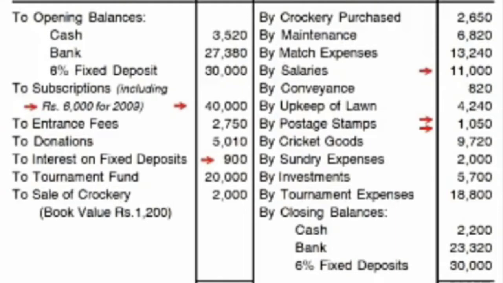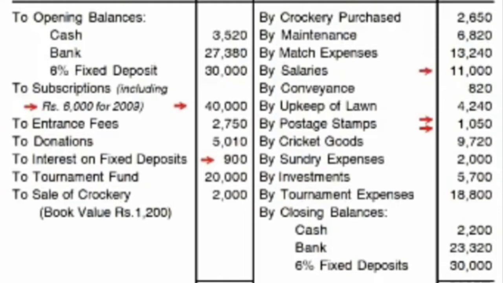First, to subscription, there are 2 marks, and in a bracket including rupees 6,000 for 2009, and amount column 40,000. That means this 40,000 we received this current year, but in this 40,000, 6,000 rupees is related with the last year, or 2009.